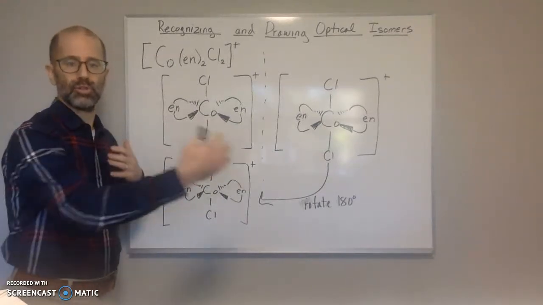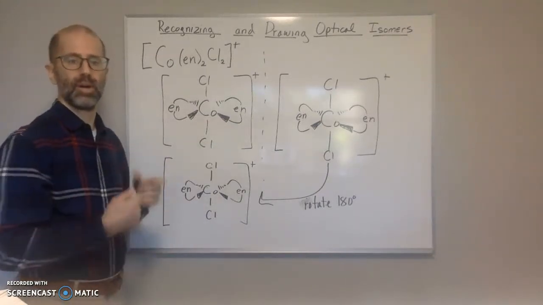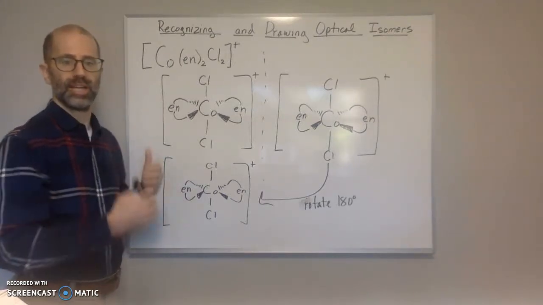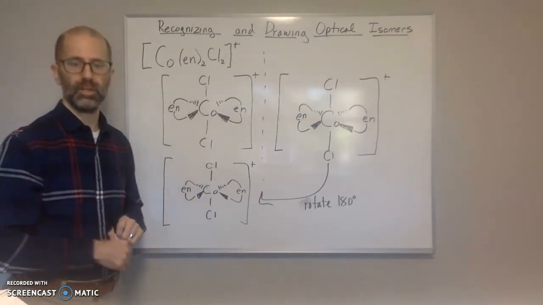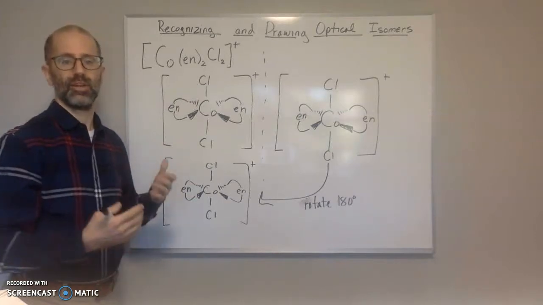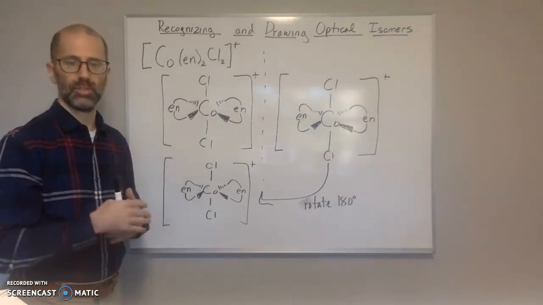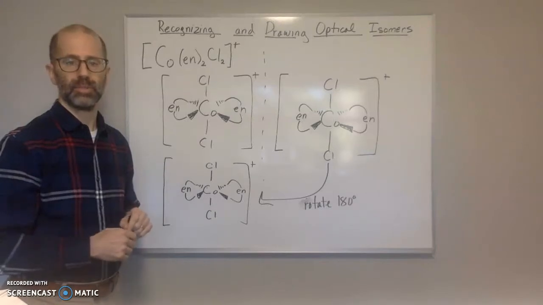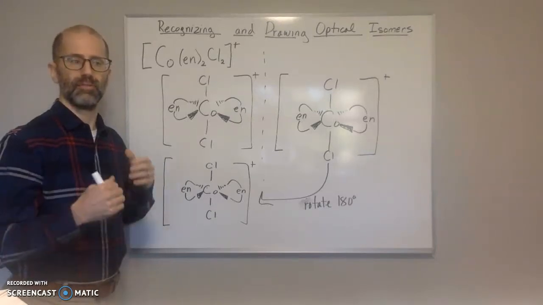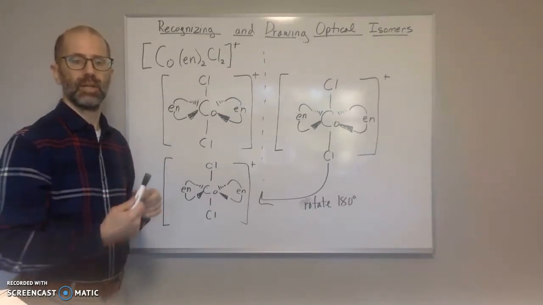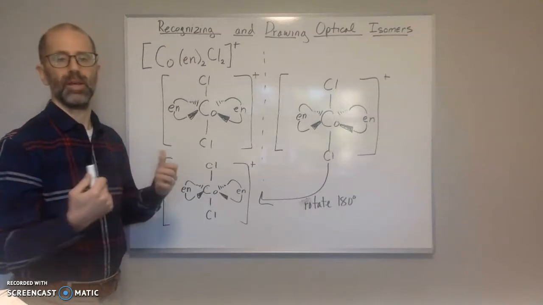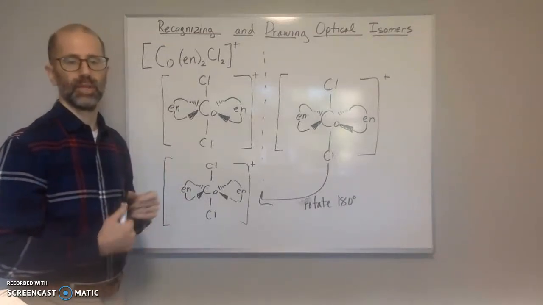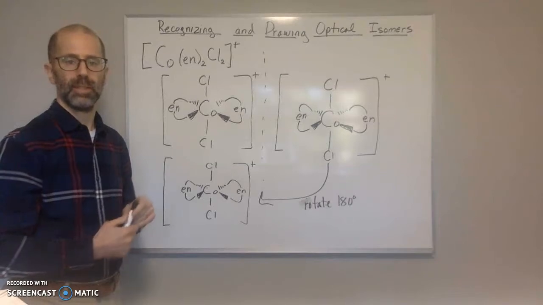If you do have two mirror images of the structures, if one structure is the mirror image of the other, then they're not going to be superimposable. Then you do have optical isomers. So if the mirror images can be superimposed, they're not optical isomers. If they are not superimposable, then they will be optical isomers.